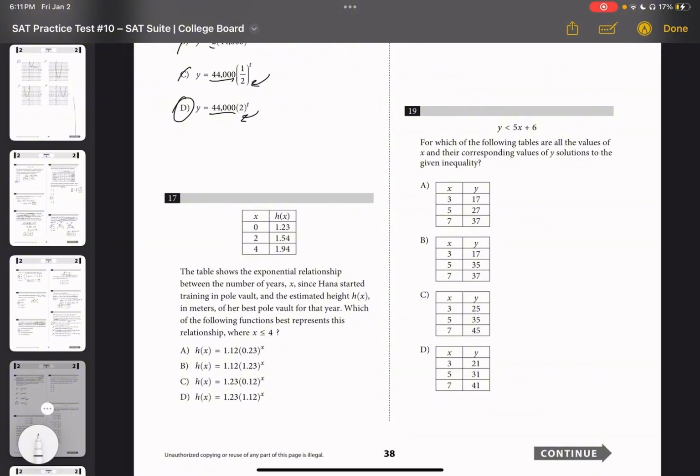We're going to do one more question for today. Question 17. We have this table, and the table shows the exponential relationship between the number of years x since Hannah started training in pole vault and the estimated height h of x in meters of her best pole vault for that year. Which of the following functions best represents this relationship where x is less than or equal to 4?